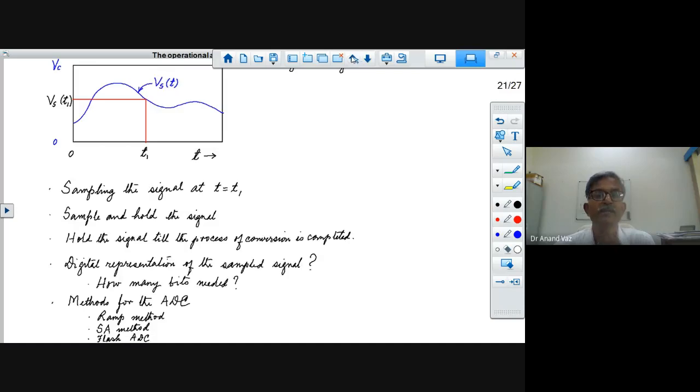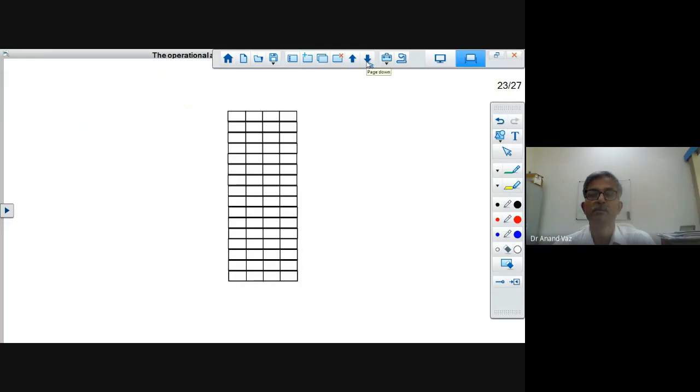Now I will take this diagram itself, and maybe I will slightly modify it: what we are interested in and how we are going to achieve it. I have prepared a table sort of.